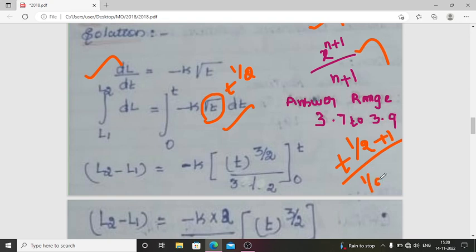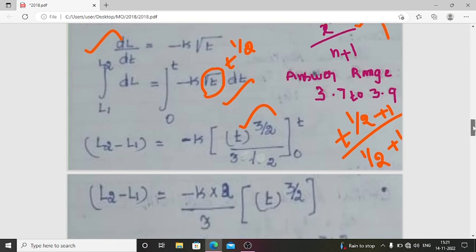So t power 1 by 2 plus 1 means t power 3 by 2. These 2 go to this side, 1 plus 2 divided by 2, that is 3 by 2. So t power 3 by 2 divided by 3 by 2, and the limit is 0 to t.